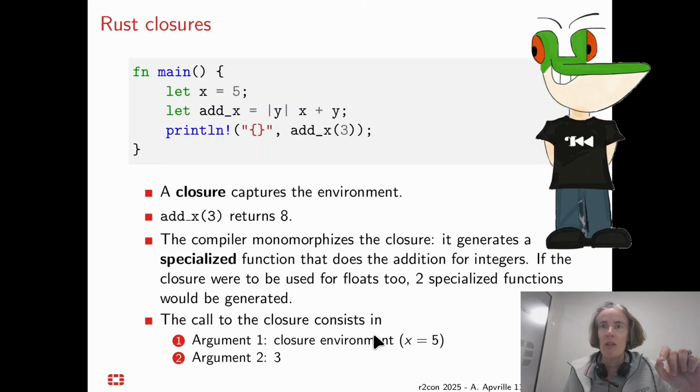So here, for instance, it was x. And then the second argument is going to be the real argument for the closure. So it's 3 in this case. This is pretty important, and do remember, especially if you are like me coming from a C background, when you don't understand where things are happening, there's no magic. It usually is happening in the closures, and closures are really important in Rust, in Dart, and some other languages. Don't forget to check them out.